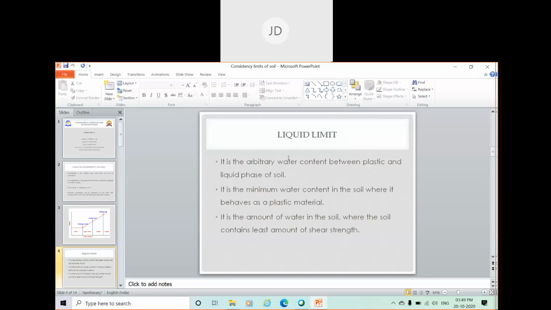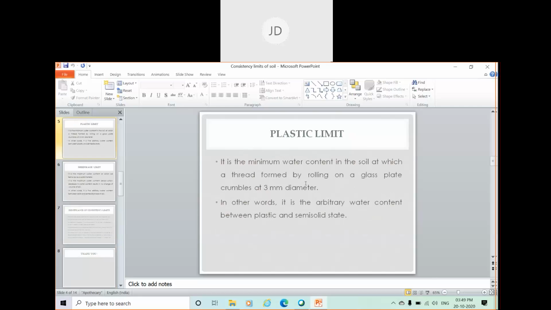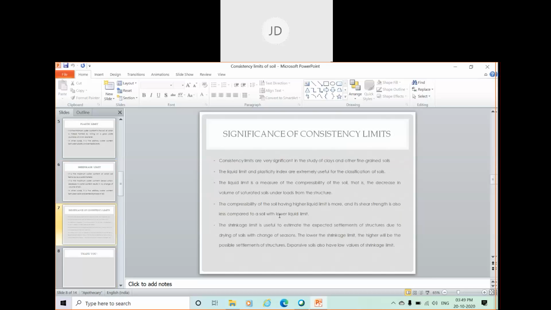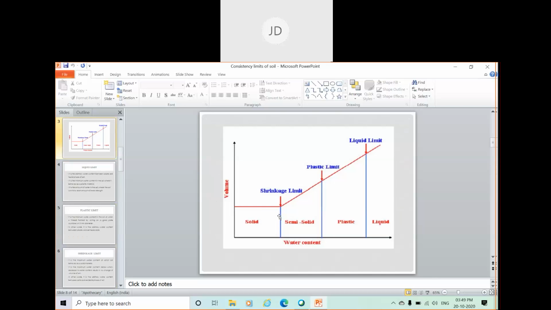Now today we'll discuss the shrinkage limit of soil. The details of the liquid limit and plastic limit were already discussed in the last class. Now we'll discuss the shrinkage limit. It can also be explained from this diagram.